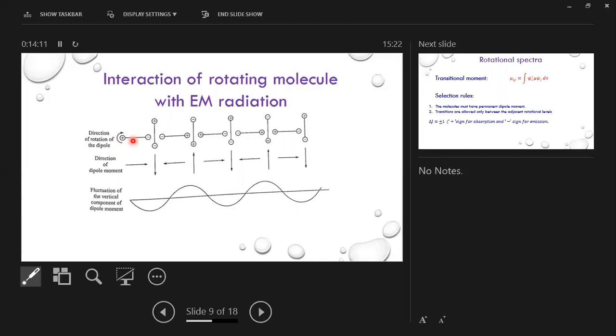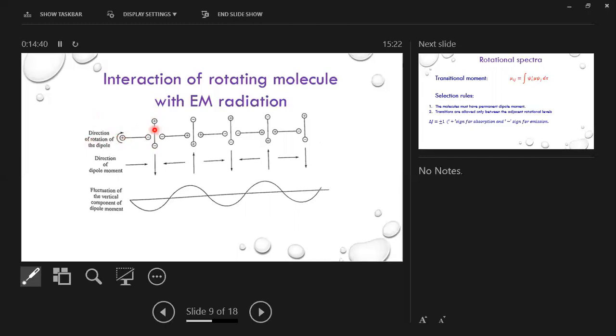When the molecule rotates about an axis perpendicular to this screen, say clockwise, it comes into this position. When the molecule rotates about this axis perpendicular to the bond, the direction of the dipole moment changes.